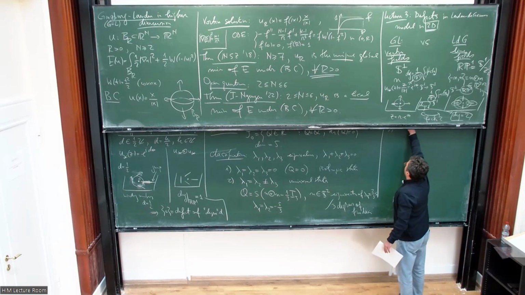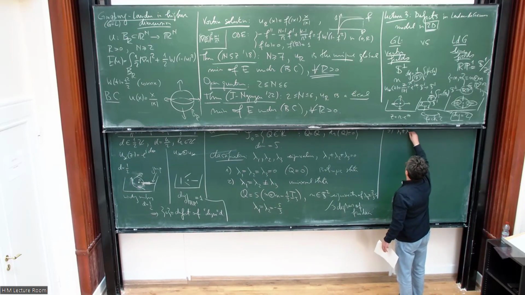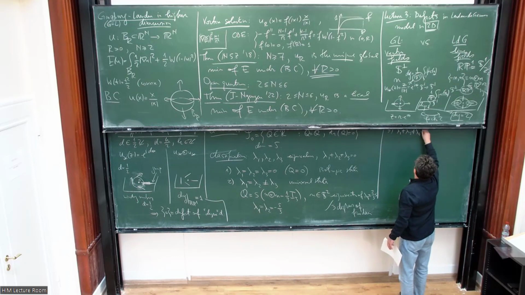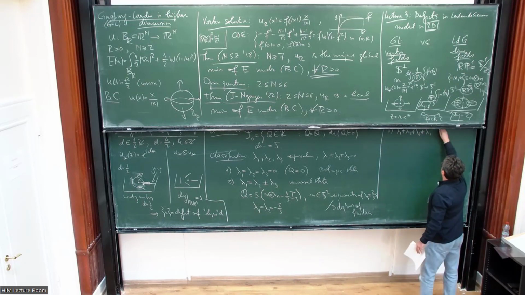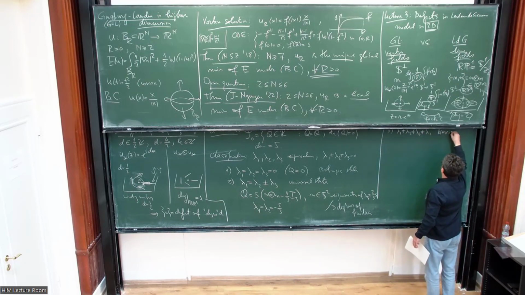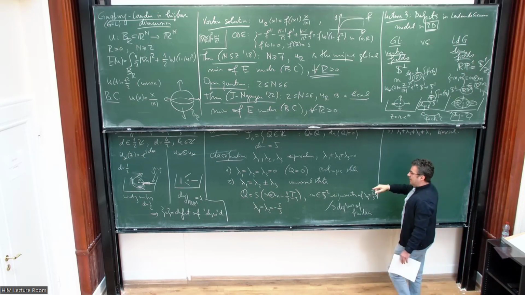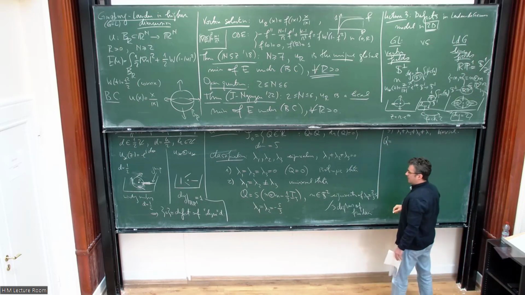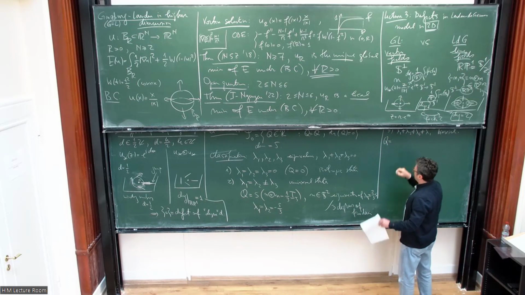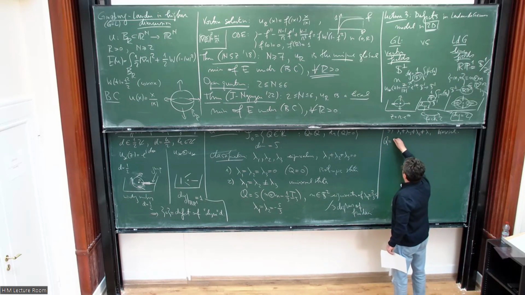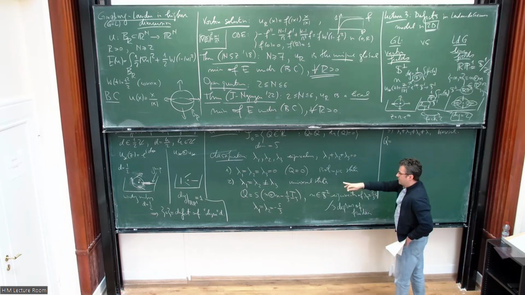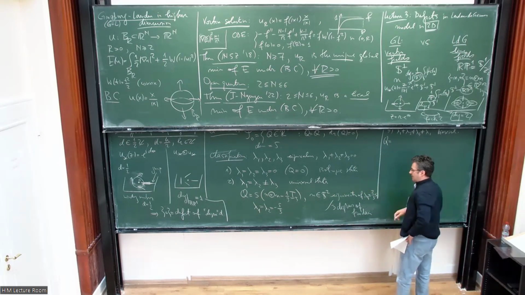And the last one is the biaxial one. What is the shape here? Of course, you should have the sum of 2 uniaxial states.